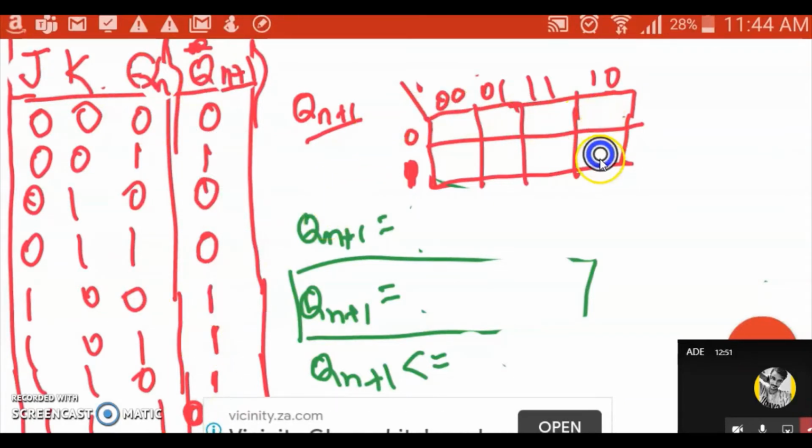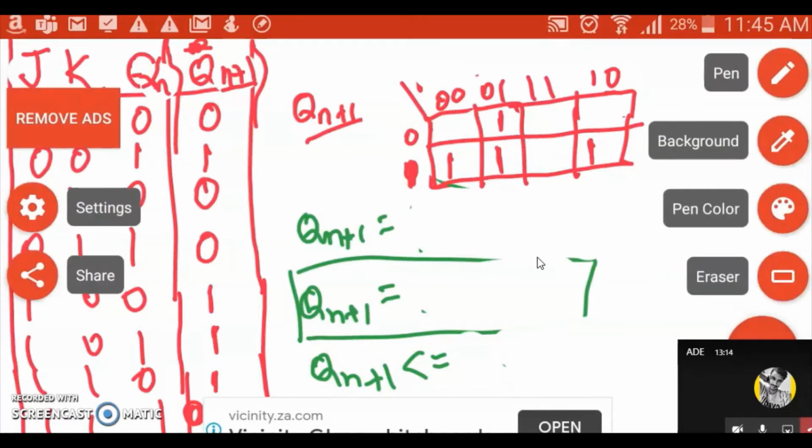Now you need to compute the characteristic equation for the JK flip-flop. Scan through this Qn, write the entries here and do the grouping. So the 0th location it is 0, 1st location it is 1, 2 and 3 it is 0, 0, and 4, 5, 6 it is 1. 7 it is 0, so I'll leave it empty. Now do the grouping.